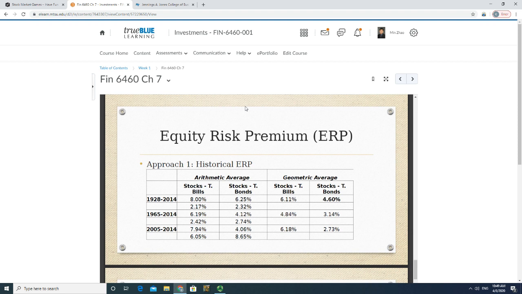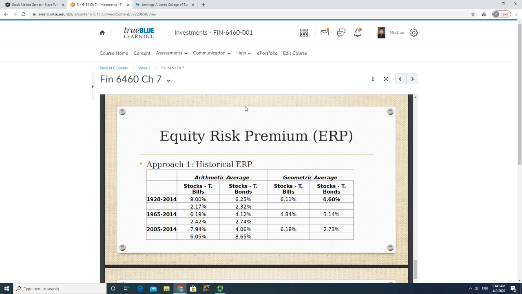Well, let's take a look at active risk premium in the past. Between 1928 and 2014, the arithmetic average for stock return minus T-bill return is 8%, and stock return minus T-bond return is 6.25%.